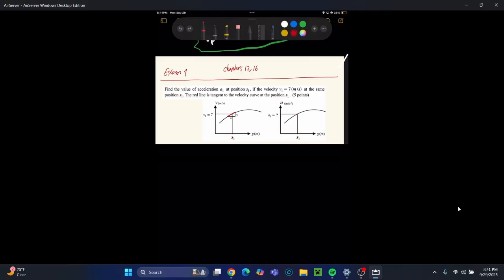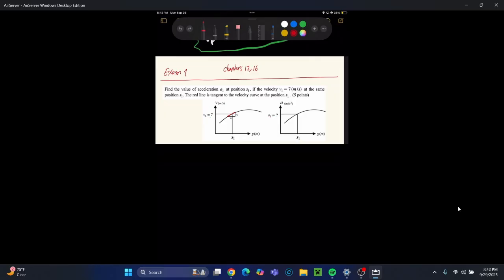Okay. If the velocity v1 equals 7 meters per second, which is shown here, at the same position s1. So, find the value of acceleration a1 at position s1 if the velocity v1 is 7 meters per second.